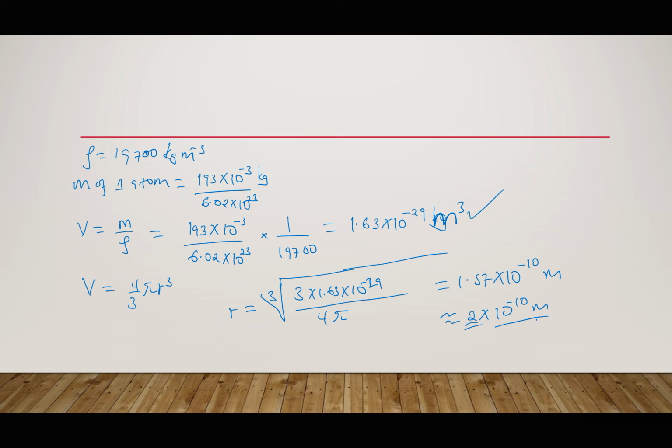We also mentioned from the scale of things that the radius or the diameter was of the order 10 to the power of minus 10 meters. So it makes sense when I get 10 to the power of minus 10 meters as the radius of the atom.